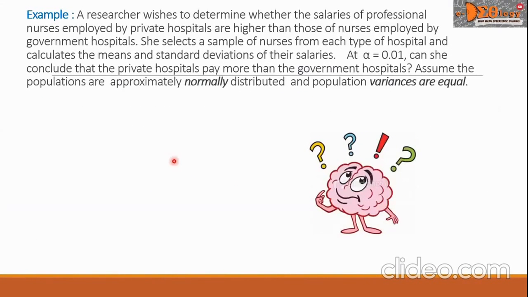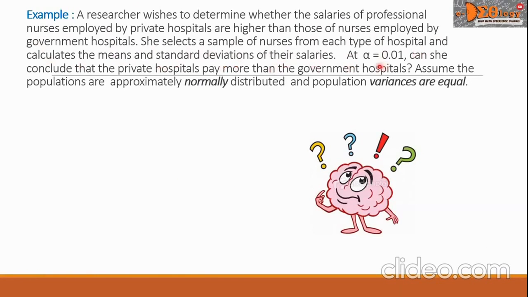Let us see this example. A researcher wishes to determine whether the salaries of professional nurses employed by private hospitals are higher than those of nurses employed by government hospitals. She selects a sample of nurses from each type of hospital and calculates the means and standard deviations of their salaries.